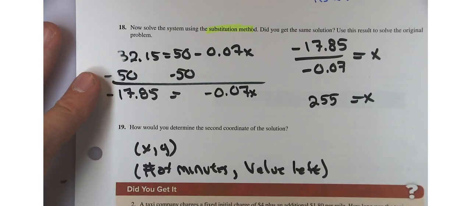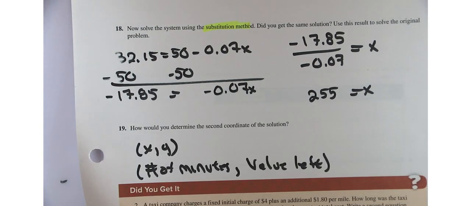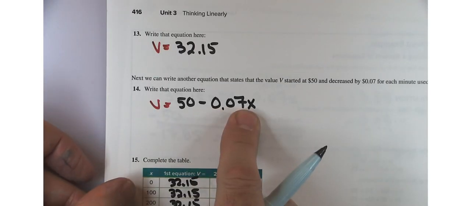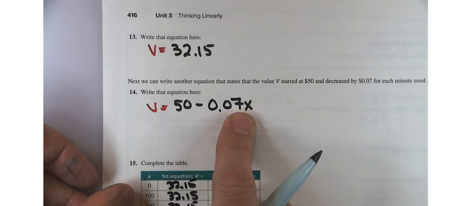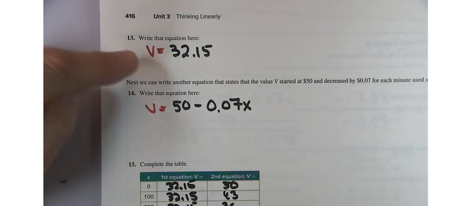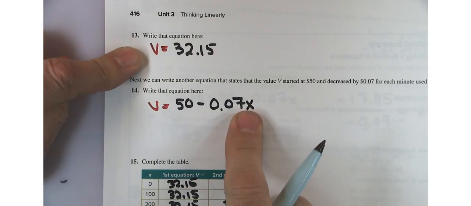Yeah, you can take that 255 for x and plug it in to solve for y. We could definitely do that. Is there an easier way I could figure out what v is? Maybe right here in this equation, right? V is 32.15. You get the same thing either way, but your V in this case is 32.15.